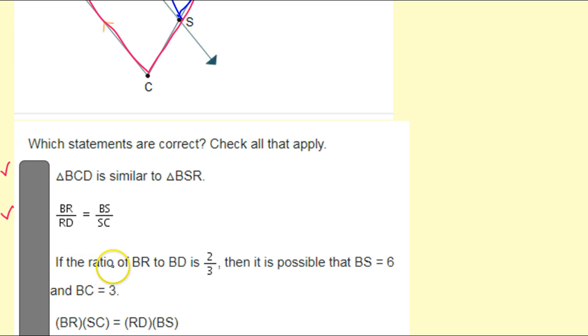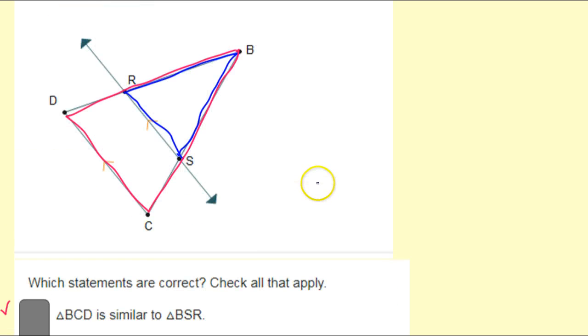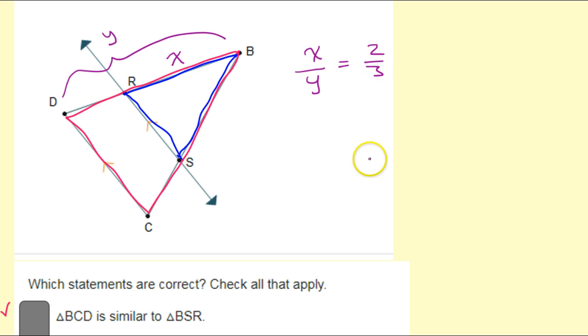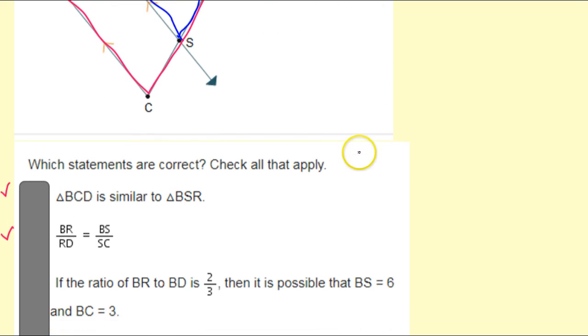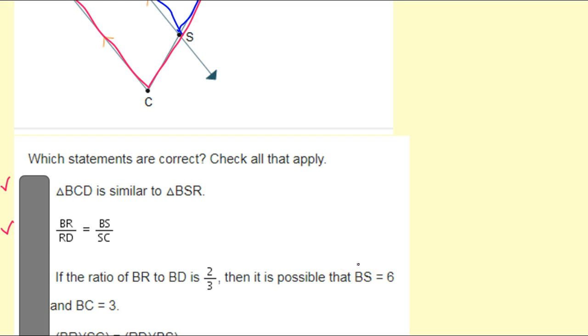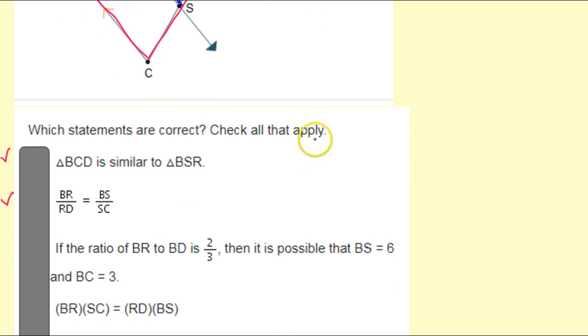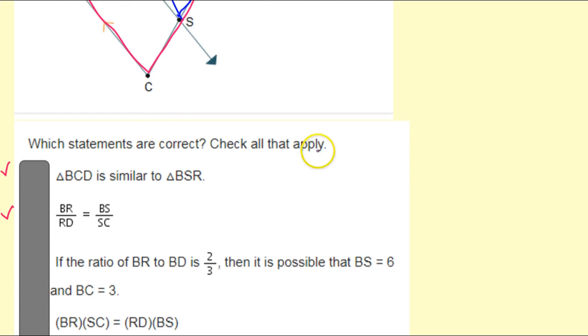All right, next one looks tricky. If the ratio of BR to BD is 2/3, so BR to BD, so X over Y is equal to 2/3, then it is possible that BS equals 6, and BC would equal 3.